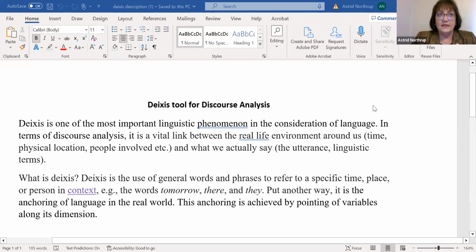So I had done a short paper, and this is not a graduate level paper. This is an undergraduate level paper, but I did one using the idea of discourse analysis in terms of some message boards that some of our teachers were using in order to describe some different events in their teaching careers.